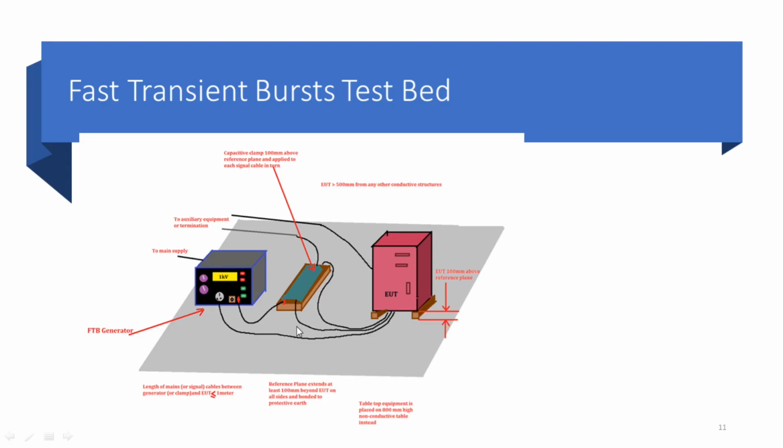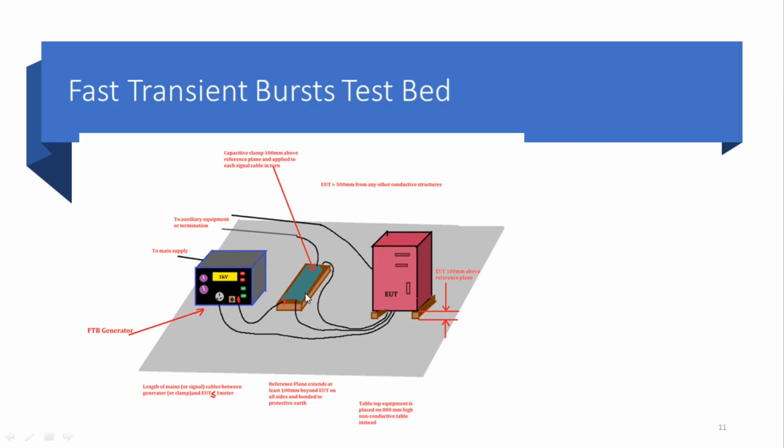Earthing of the EUT: if it will be separately earthed in the real installation, then it must be connected to the ground plane in a representative manner. Otherwise, no connection is made. Cable layout: the distance between the EUT and the coupling network or clamp must be 1 meter or less.